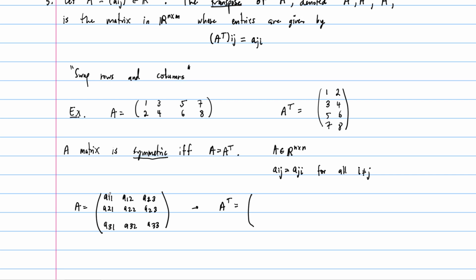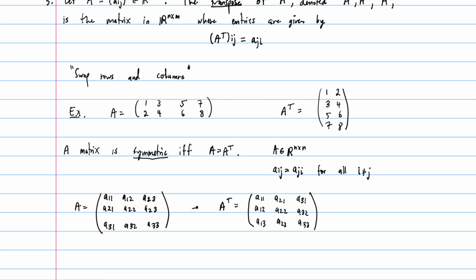Our first column is actually going to be the first row, A11, A12, A13. Our second column is going to be the second row, A21, A22, A23. And similarly, A31, A32, A33 is the third column.